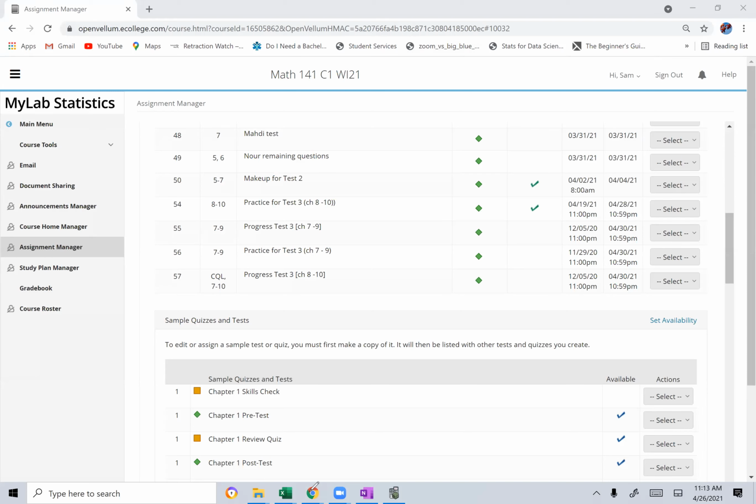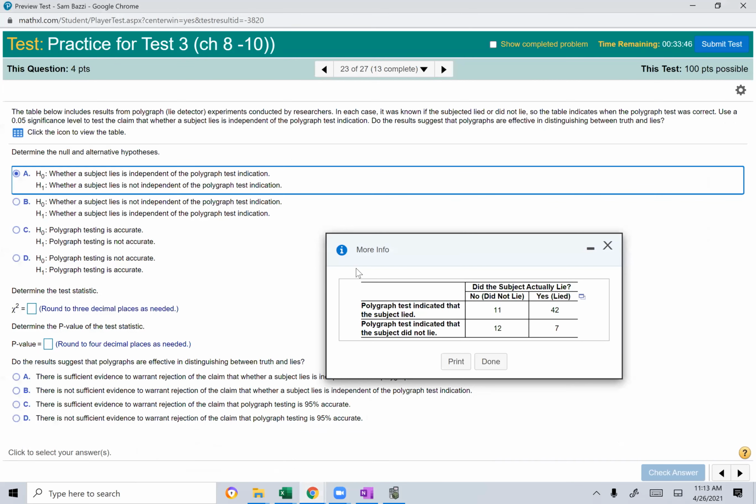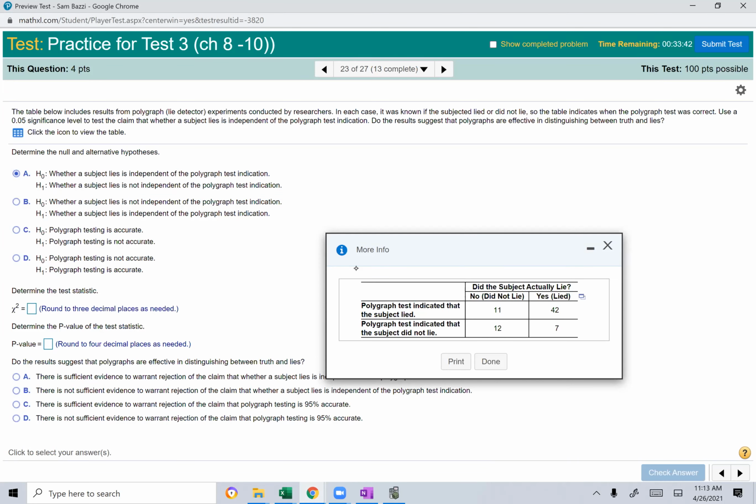Okay, let me just bring the question back. There you go. Because he says it's independent, so the claim is H0. Just keep that in mind.